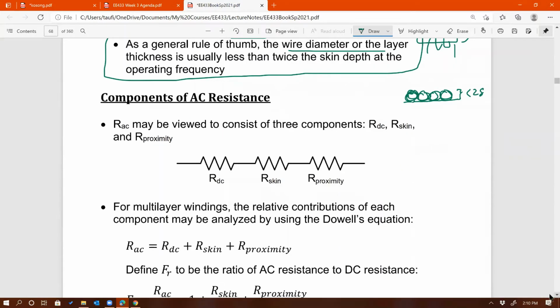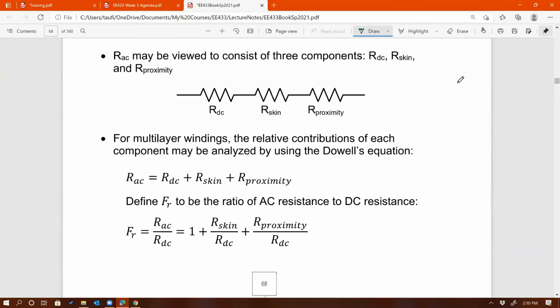Now, this next tool takes a look at wire resistance from all of the effects, not just skin effect. Now we know proximity effect. It also looks at the DC effect. So DC resistance, skin effect resistance, and proximity effect resistance.